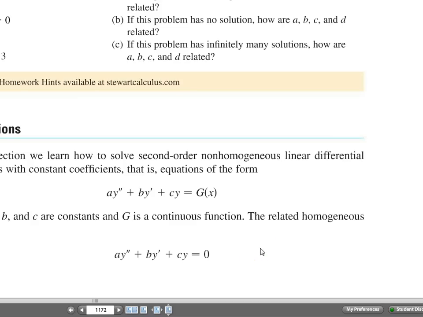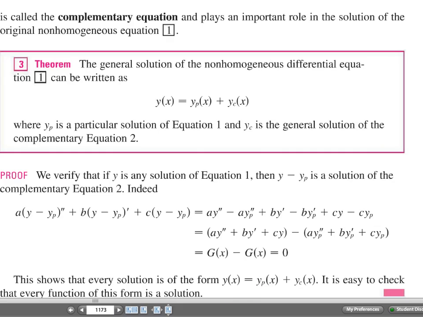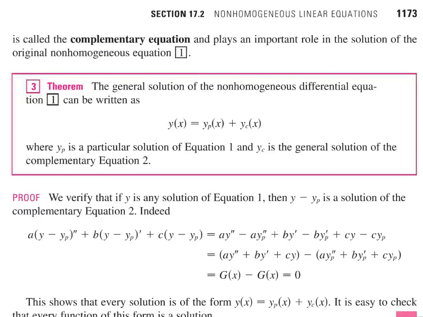Well, it's nice. We've got this theorem that's going to help us a lot. If you have a non-homogeneous differential equation, like we saw with the g of x, then any solution can be written as the general solution for the homogeneous equation, the y sub c they're calling here for the complementary equation, plus just one specific particular solution.